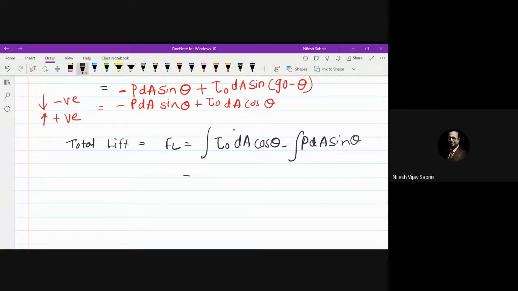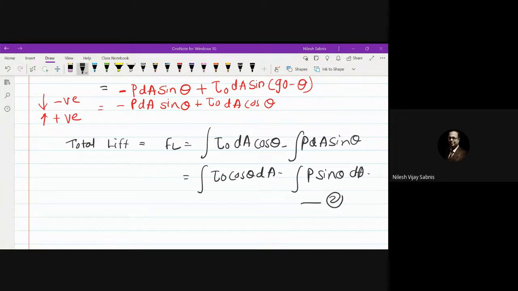Or we can write in the simple form: tau 0 cos theta dA minus P sin theta dA. So this is the second equation which tells us the value of lift.